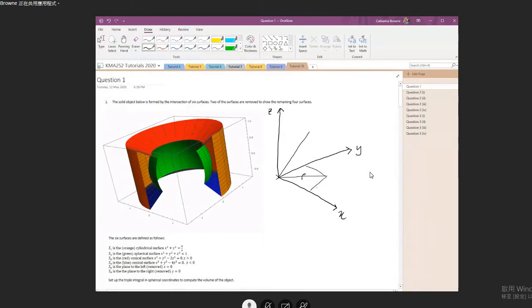With this angle coming off the x-axis, we call phi, and so we can convert this distance x into rho cos phi, and this distance y is rho sine phi.